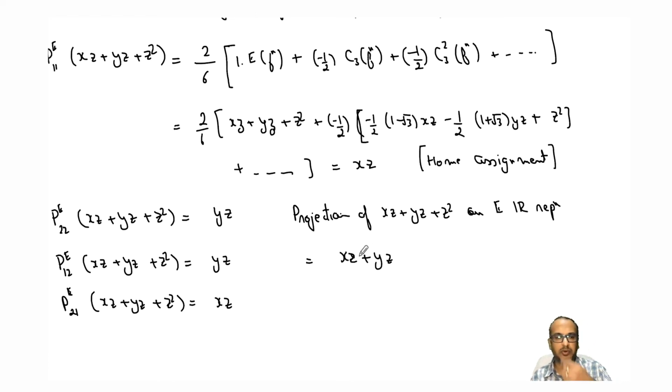And if you want to normalize, you can divide by the square root of the sum of squares of the coefficients, which will give you 1 by root 2. So this is how the projection will be calculated on a given IR representation.